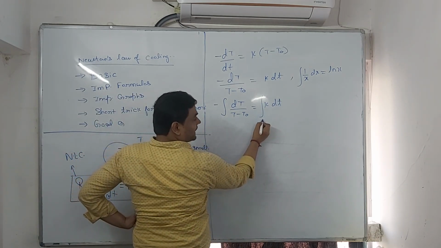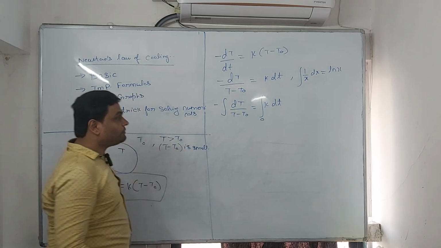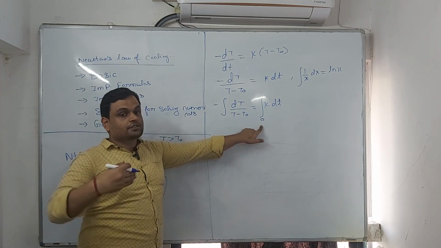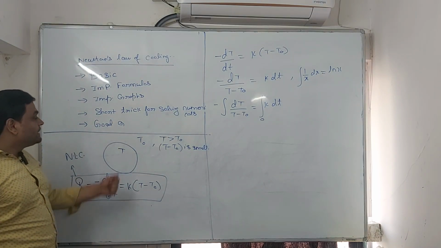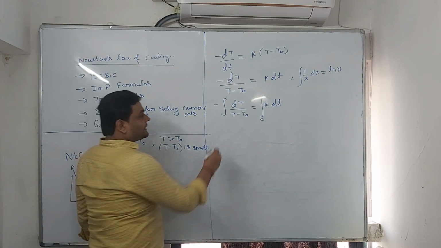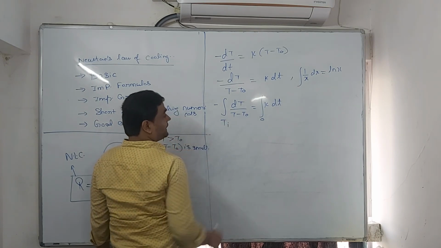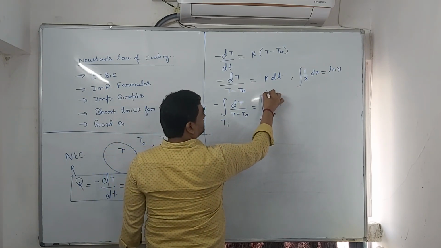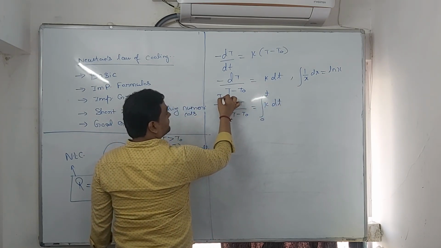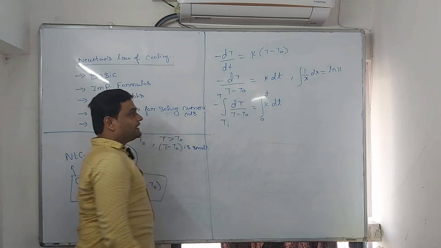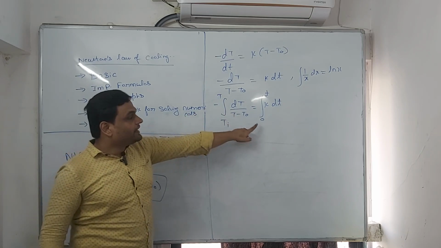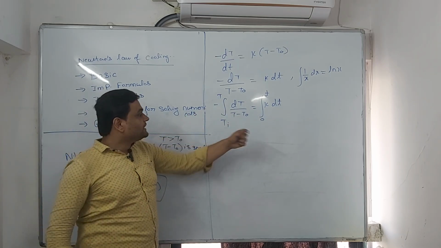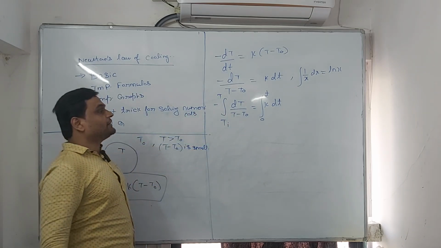When the time is zero, that means when I have started the observation for this body, let us say this body is having an initial temperature T subscript i. After some time t, it is having a present temperature T. So this is what?